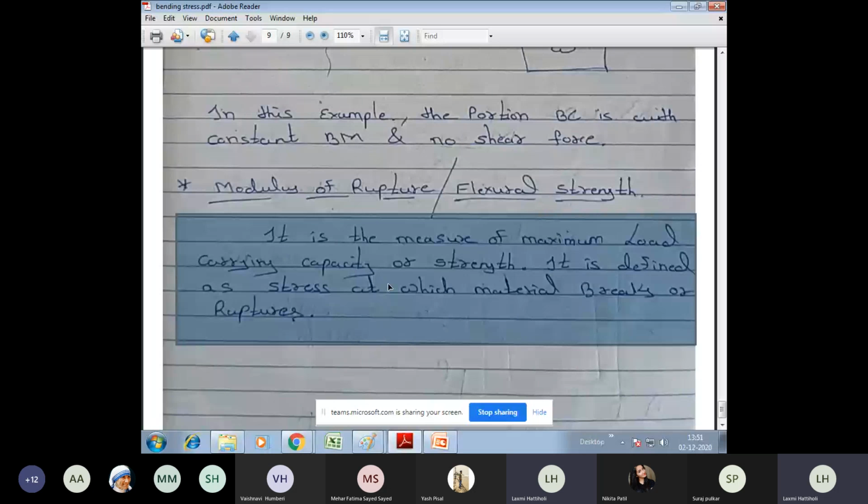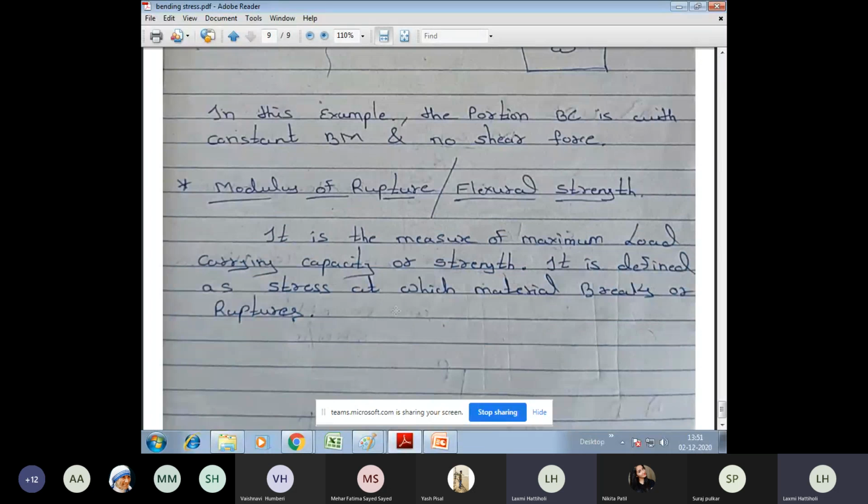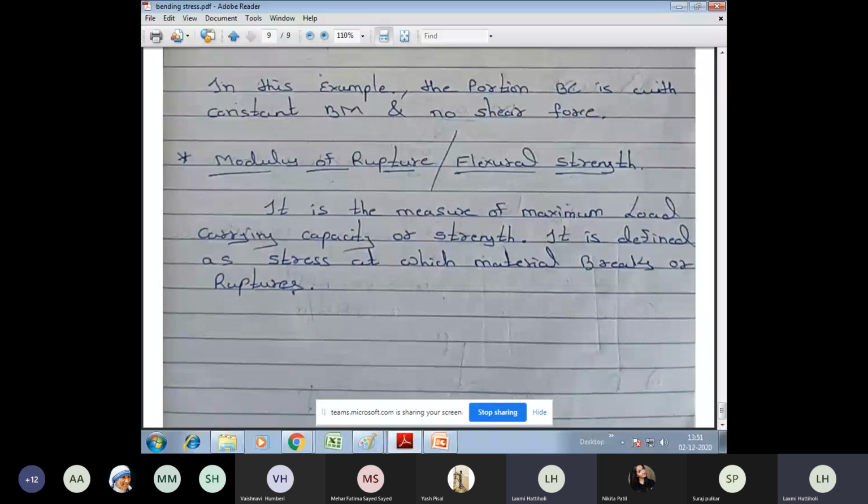When you test this specimen in a universal testing machine, you need to measure the maximum load it can take. That indicates your flexural strength. So it is defined as the maximum load carrying capacity, or the maximum stress it can carry without undergoing breaking or any rupture. That is flexural strength.